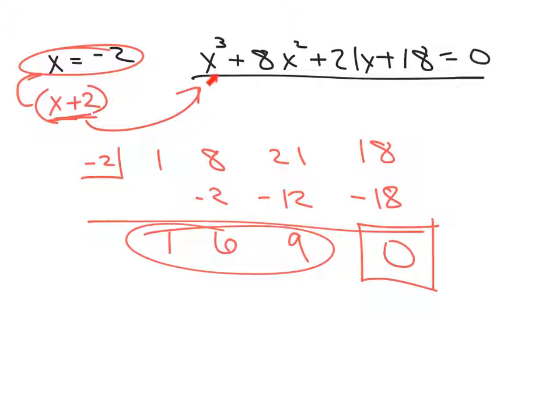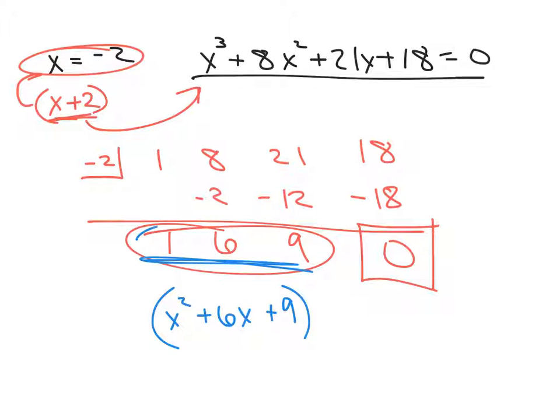Okay, so I divided this thing by x plus 2. And my final answer is going to be x squared plus 6x plus 9. This here is what's left after I took an x plus 2 out.